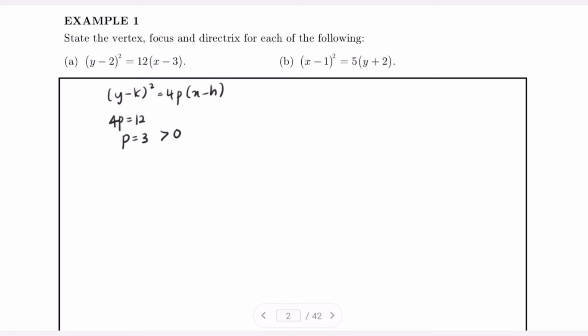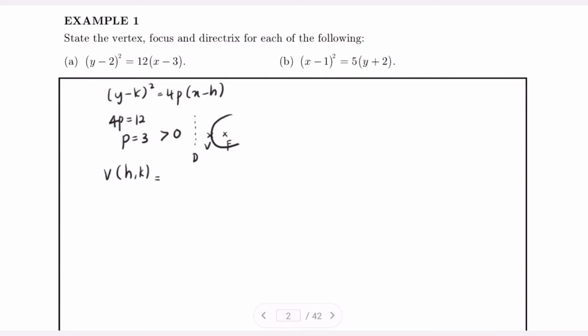Since p is greater than 0, you will get opens to the right. If this is our V and this is our F and this is our directrix, you will notice that k will remain the same.